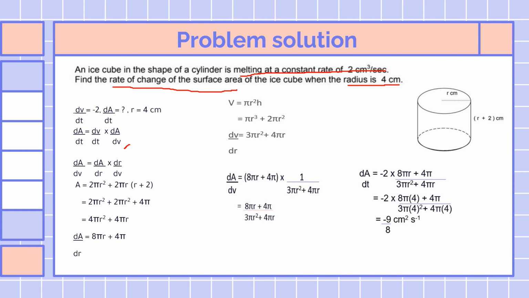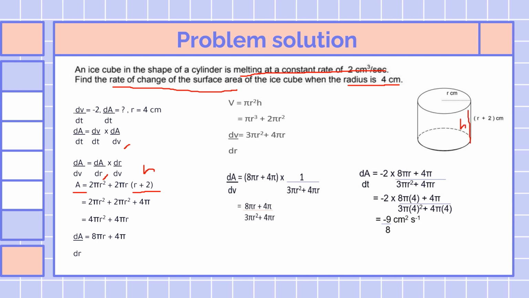To find dA over dr, we can use the formula of the area of the cylinder. The formula is 2 pi r power of 2 plus 2 pi r multiplied with h. This is the h of the cylinder, the height, which you can see in this picture.